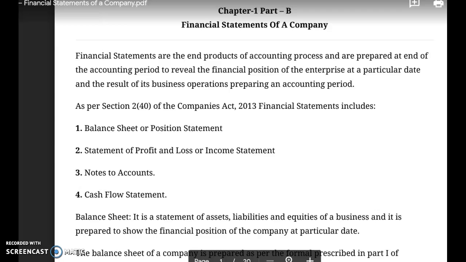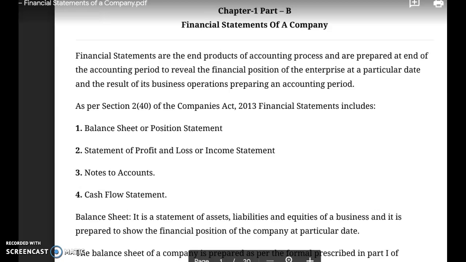So a 3 or 4 mark question will be asked. Different items will be given, and you have to answer under which head each will come, whether in equity and liabilities or under assets, and again the subheading where it is shown.